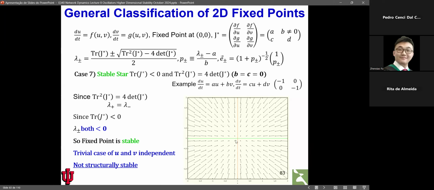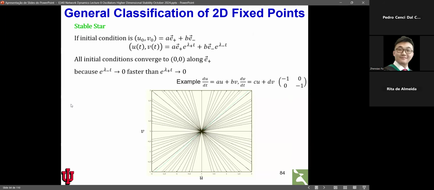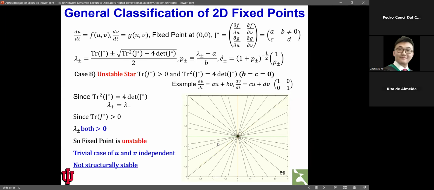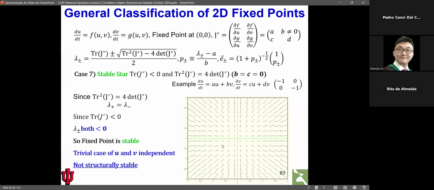So they are going just like that. If we start here, then you go here always like that. You don't change direction. Okay, if one of the directions is going faster, suppose the red one is faster, I would have some curve like that. And the stable star is like this.